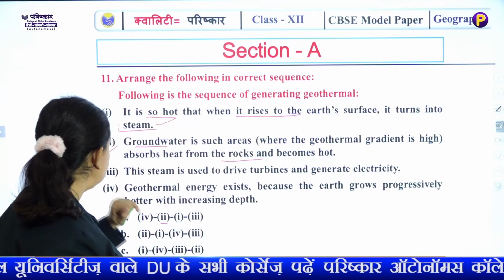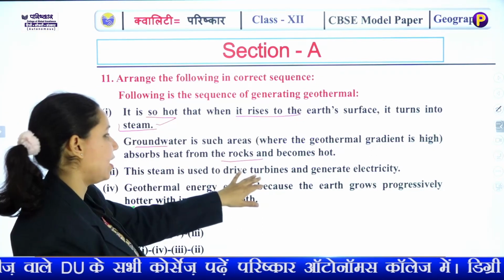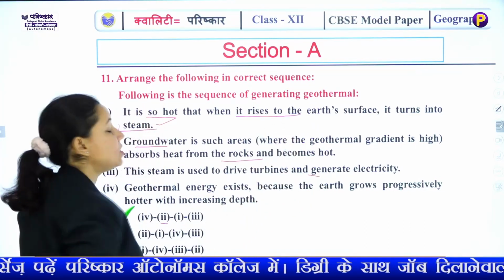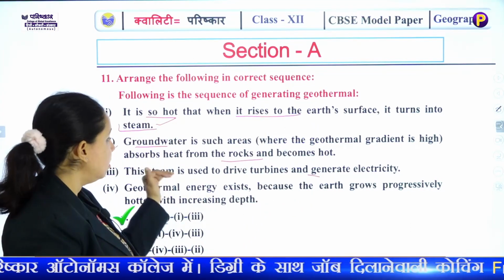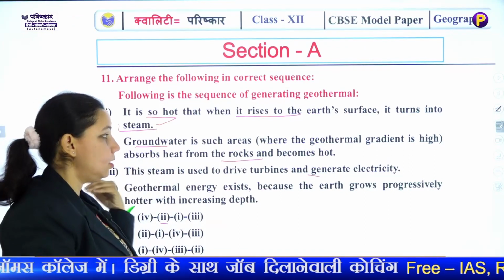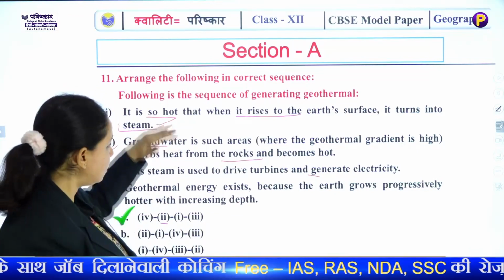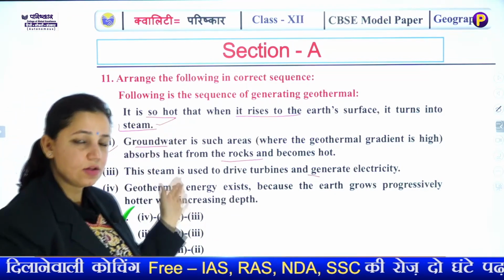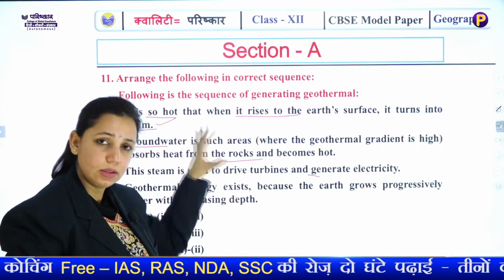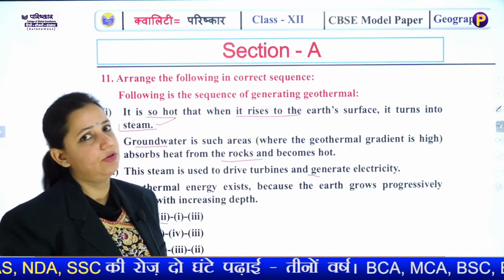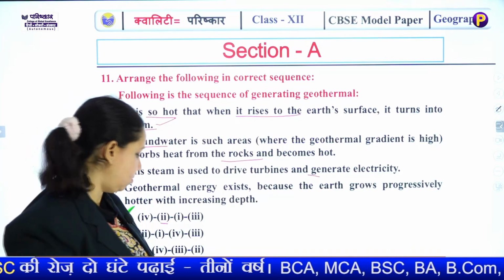Now the third, this steam is used to drive turbines and generate electricity. So these are the sequence. First you read carefully all the steps, and then you decide which step will come first and which will follow it later on, right?